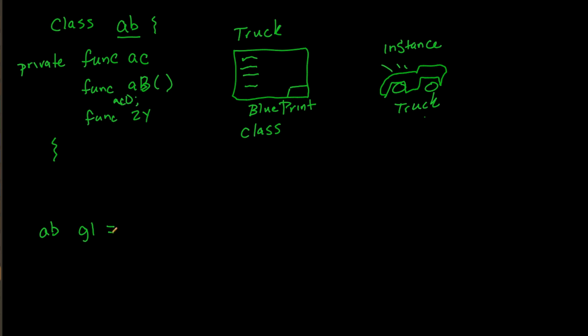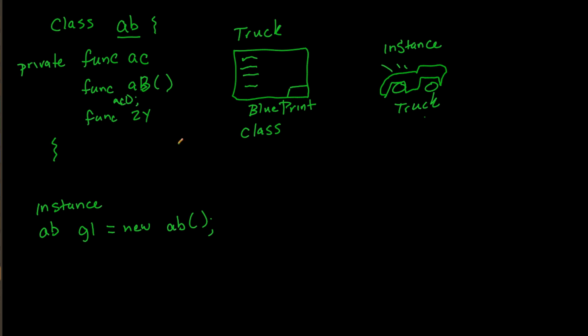And then I'm going to say that equals a new, and again, this depends on the language, but I'm going to create a new instance of AB. Let's just say that's the way you do it in the language that you're using. So what I have done here is actually created an instance of the class that we defined up here. We write our class, we do our stuff, and then when we're ready to use it, we create an instance of that class.